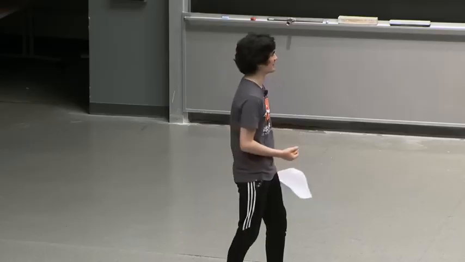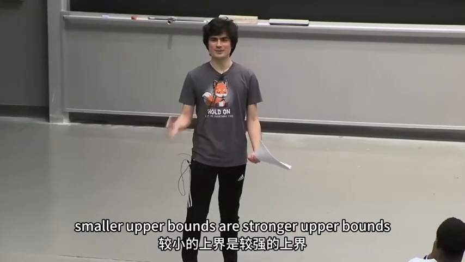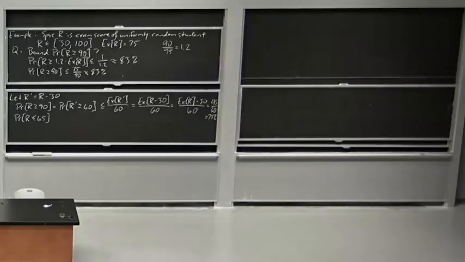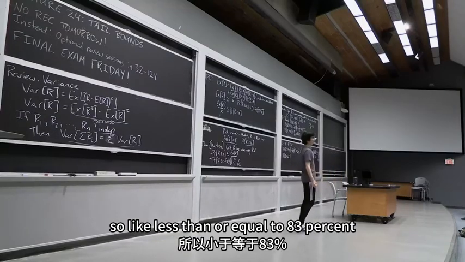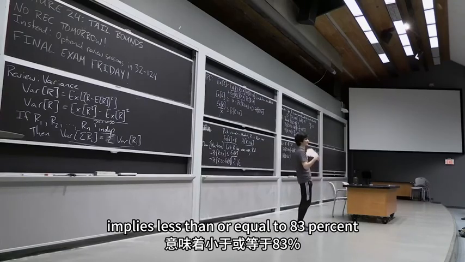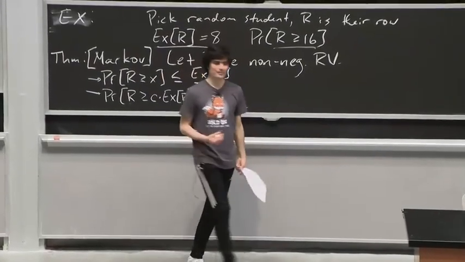Smaller upper bounds are stronger upper bounds. So less than or equal to 75% implies less than or equal to 83%. So 75 is stronger.